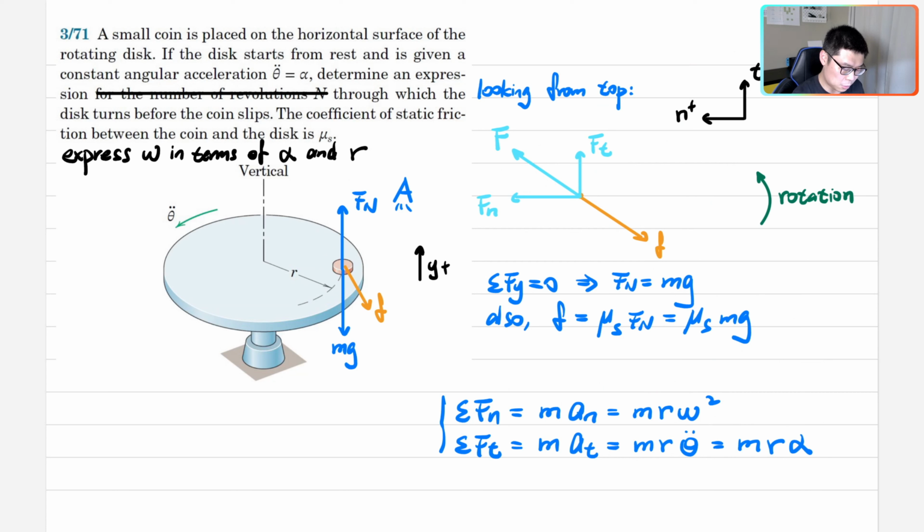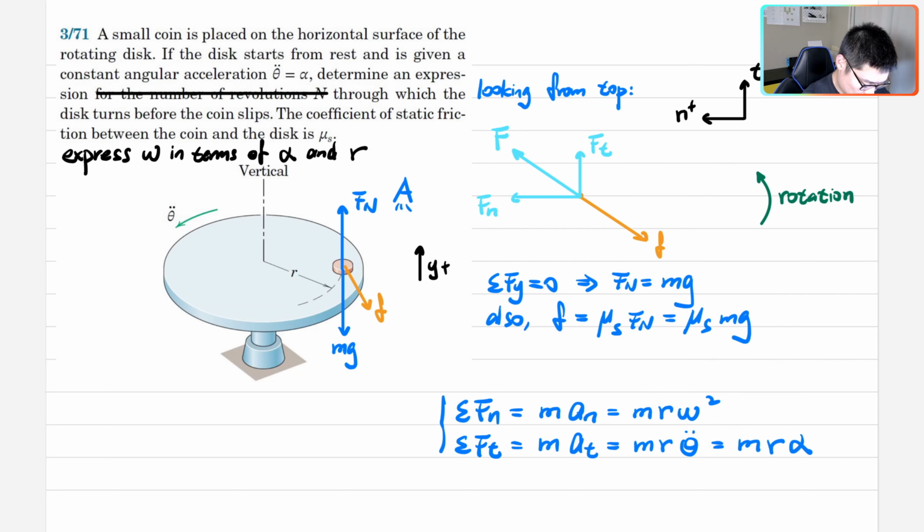So you have to create enough force towards the center to prevent the coin going away. Therefore, the maximum force possible will be equal to the maximum friction this coin can obtain, which is your mu s mg.